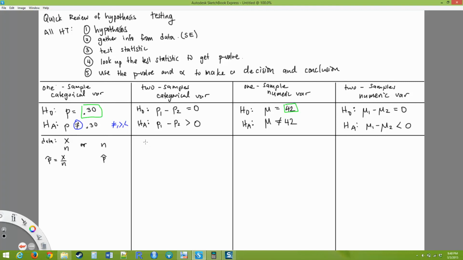For 2 samples you'll have x1, n1, x2, n2, and p1 hat, which is x1 over n1, p2 hat, which is x2 over n2, and then p hat overall, which is x1 plus x2 over n1 plus n2. This was from your homework last week, and the first problem that I did today, that I said you need to know for the quiz next week.